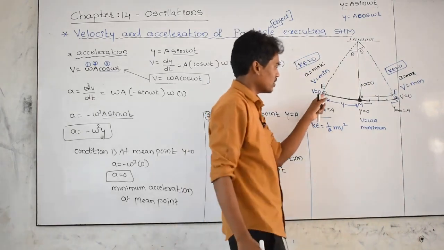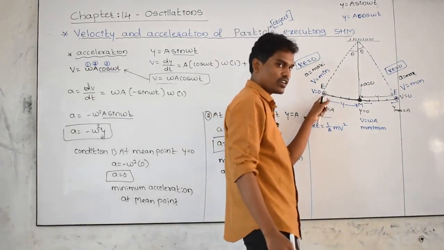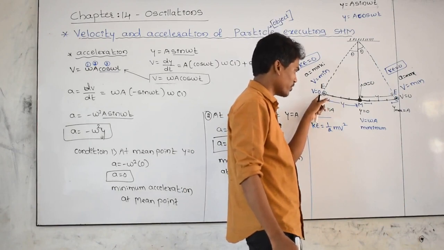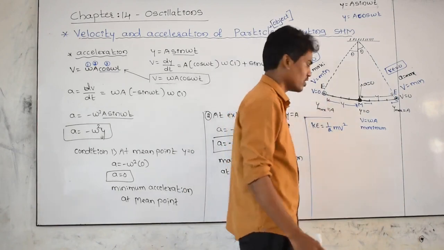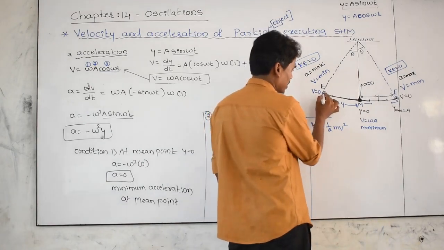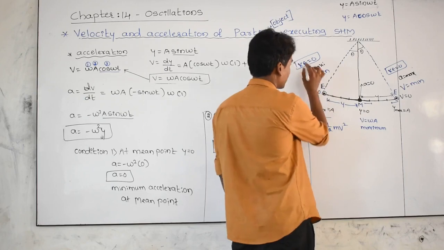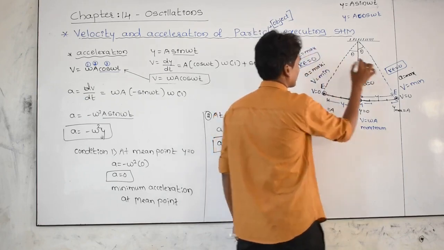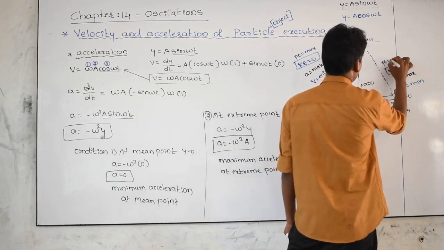And here kinetic energy 0 is nothing but potential energy is maximum. The object is moving from this point to this point, however it is moving, here the kinetic energy is 0, so at this point potential energy is maximum. And here also potential energy is maximum.